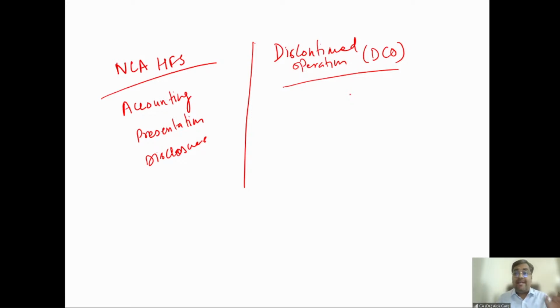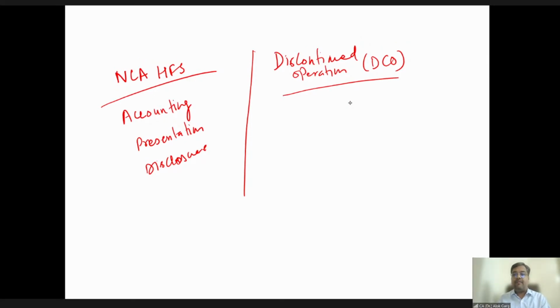So what is it? Is it a group of assets held for sale, or is it an individual asset held for sale? Tell me, what is it? Thank you, Saksham. Thanks for your feedback. It is an individual asset held for sale, right? Then Saksham came to me and said, sir, why don't you want to sell the entire factory?